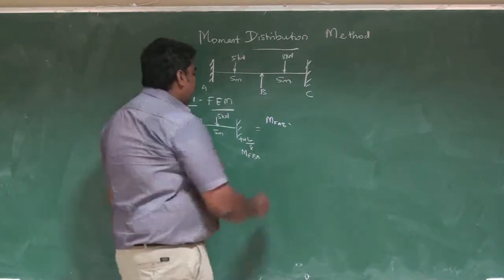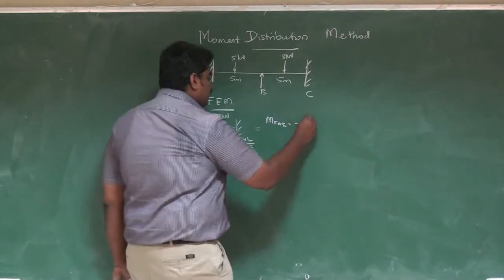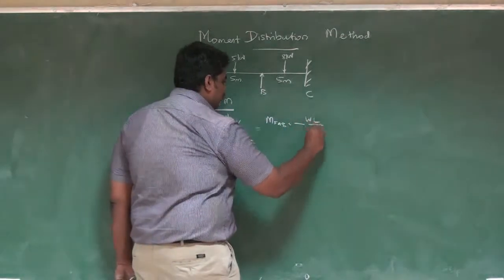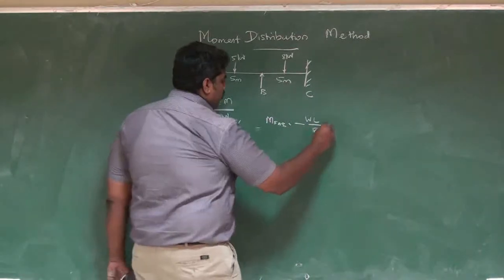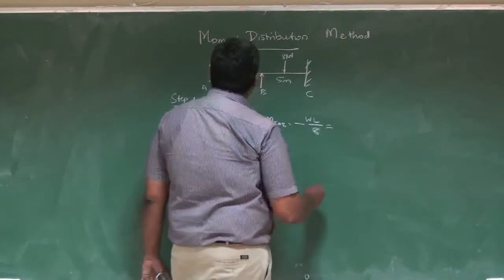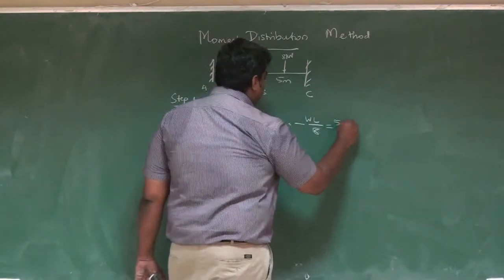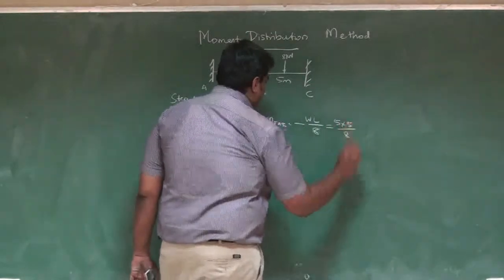right? So MF AB will be equal to minus WL by 8. So here the value is 5 into 5 divided by 8, right?